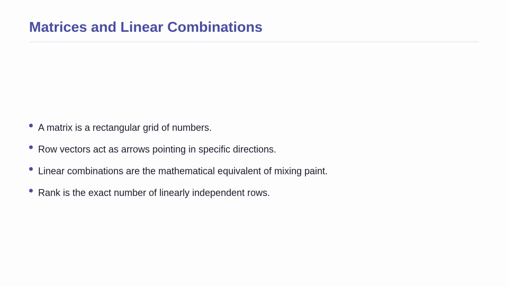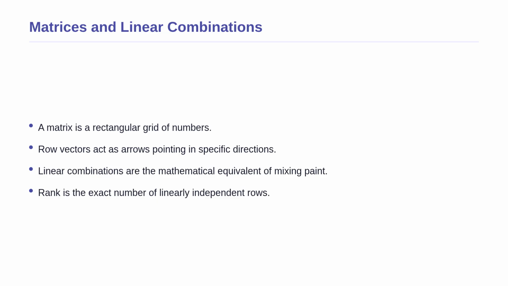Now that we have our intuition, let us translate this into mathematics. We start with a matrix, which is just a rectangular grid of numbers. Each horizontal line is a row vector, acting like an arrow pointing in a specific direction in space. When we multiply these row vectors by different numbers and add them together, we create a linear combination.